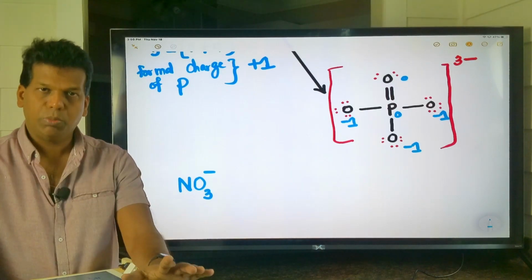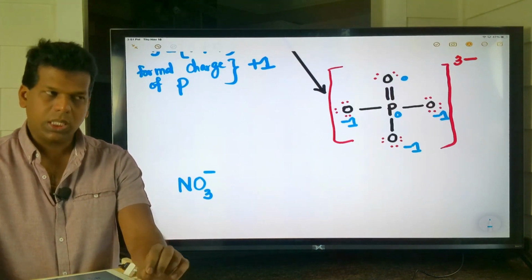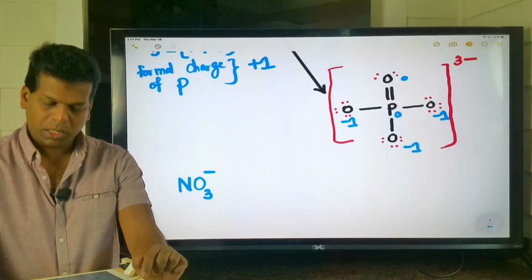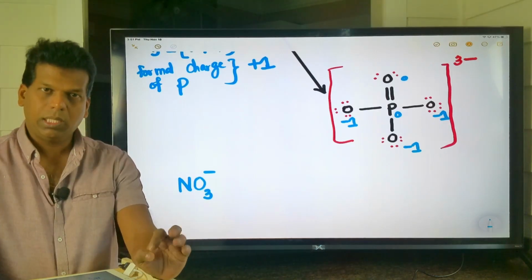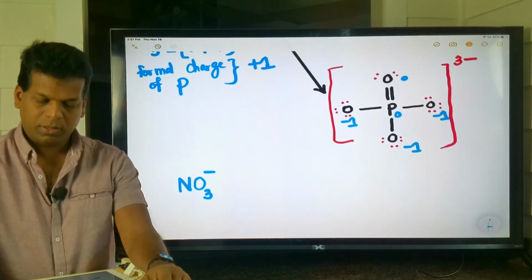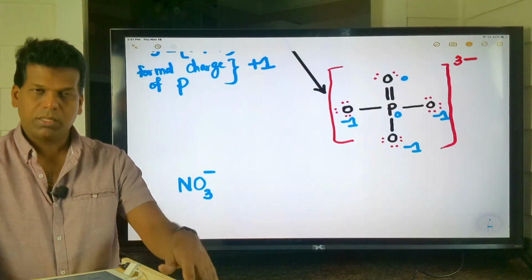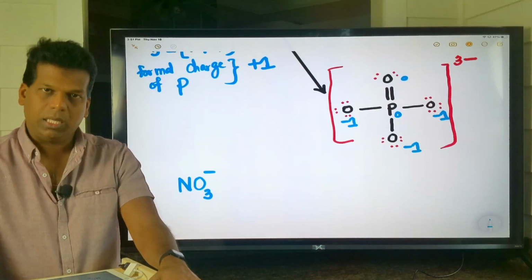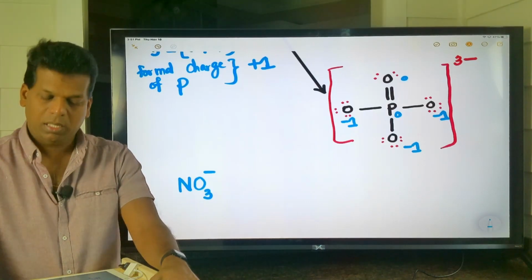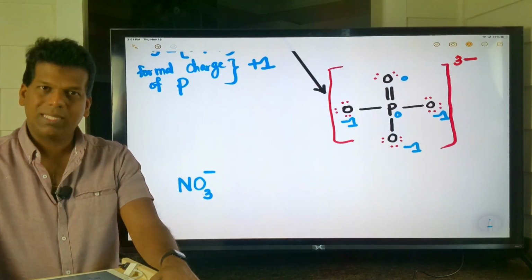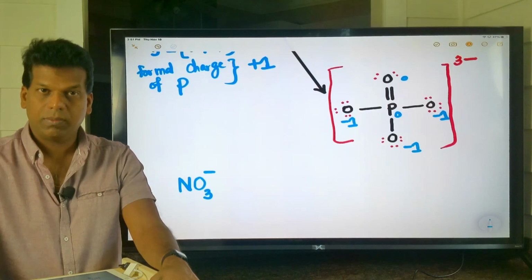That means 5 bonds. Each bond is 2 electrons. That means around phosphorus there are 10 electrons. So that is more than 8, right? Normally these elements try to complete their octet. But that central phosphorus has 10 electrons.